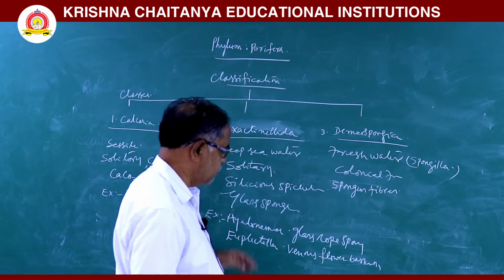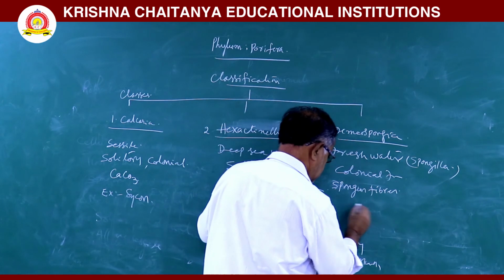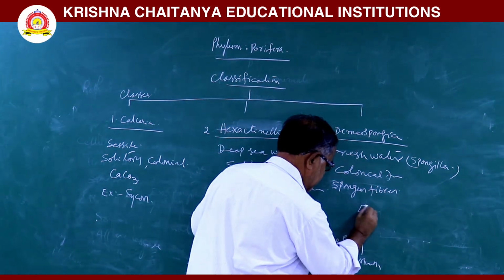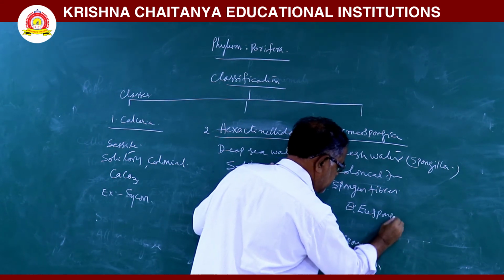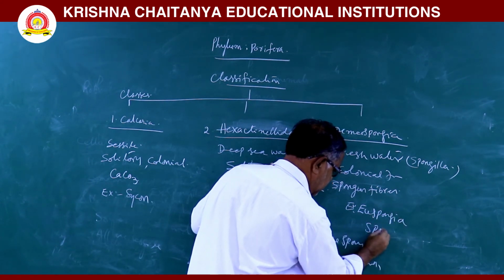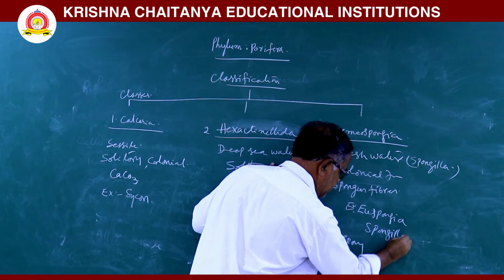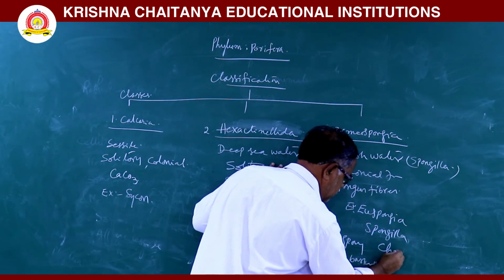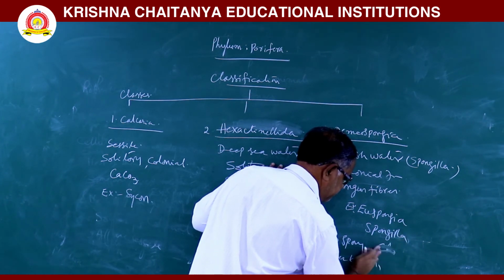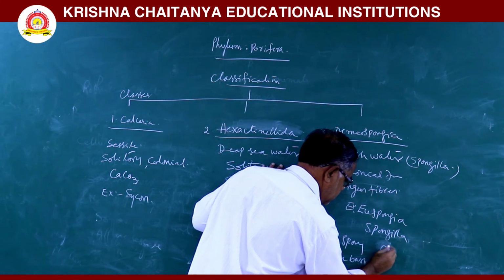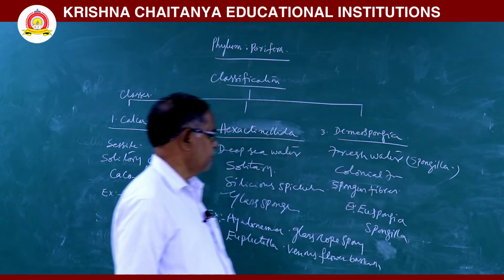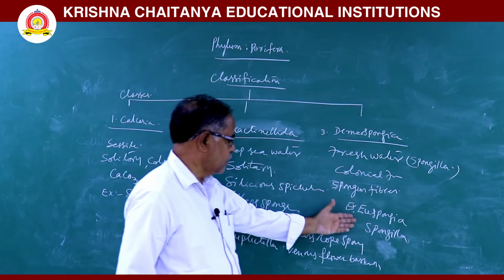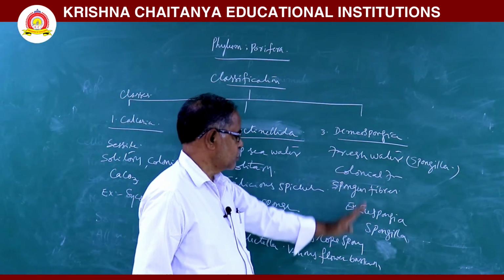Next, examples: Euspongia, Spongella. Euspongia and Spongia. These are the examples for Demospongia.